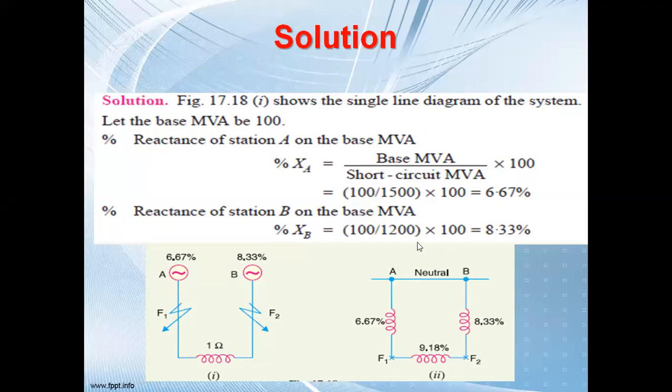Now when we solve this problem, is it possible to add this reactance in ohms to these percentage values while doing the calculation? Can we directly apply this 1 ohm reactance in the next step? Yes or no?